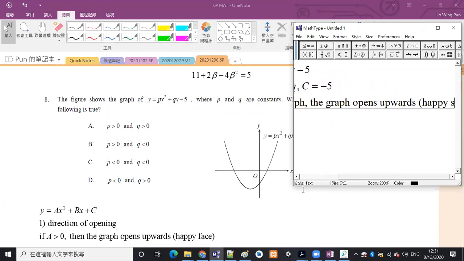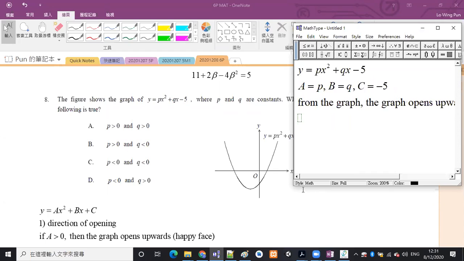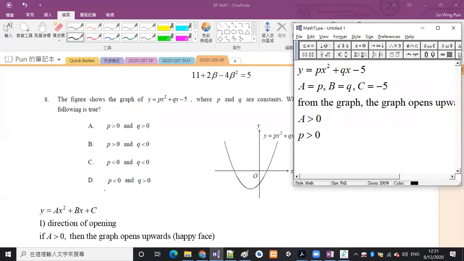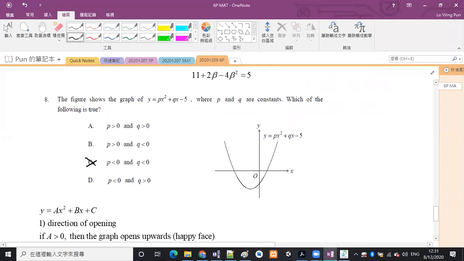That is a happy face, which means that the a should be larger than 0. And then we can conclude that our a, that is the p, should be larger than 0. Can you get it? Which means that p is positive. Then option C, option D should not be the answer. It's okay?